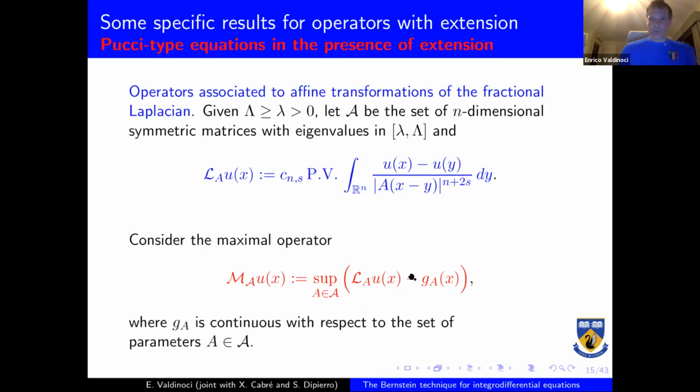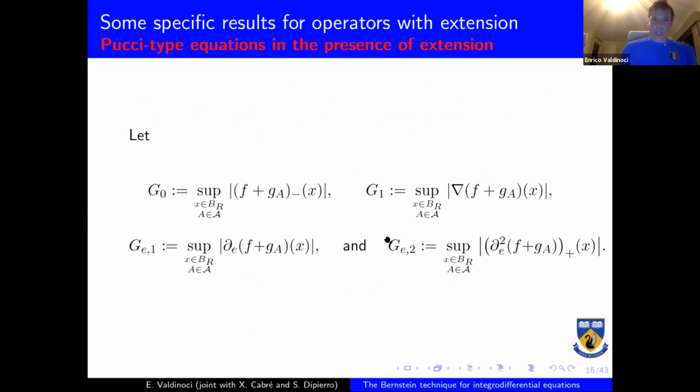And you can also put some kind of source term g_A with reasonable continuity and compactness assumptions, and study the equation satisfied by this kind of maximal operator in this case. In this setting, you give some names to the structural constants of the equation. So G0, G1, GE1, and GE2 basically come from the structural constants of the equation.